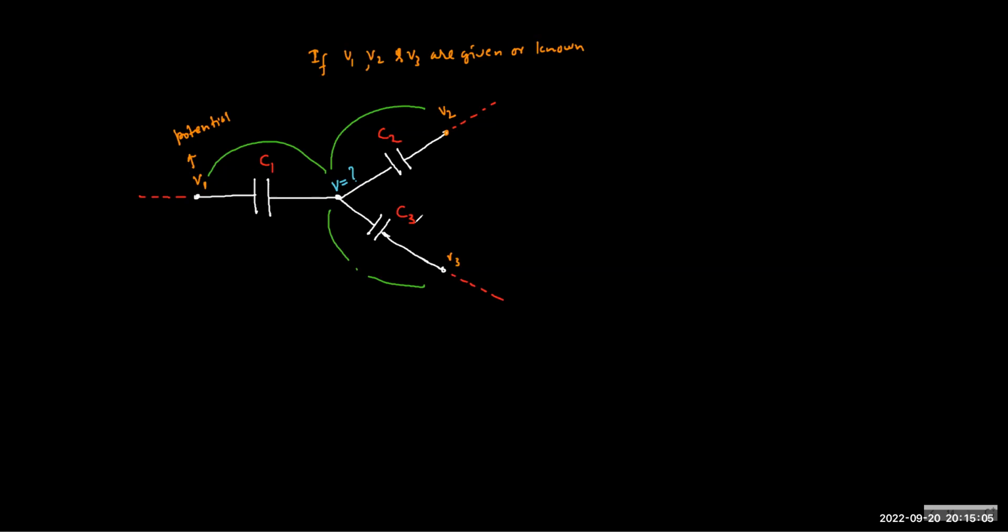Q equals CV, because in the formula Q equals CV, the V represents the potential difference across C. But here V1, V2, V3 are representing only potential. Is this clear?